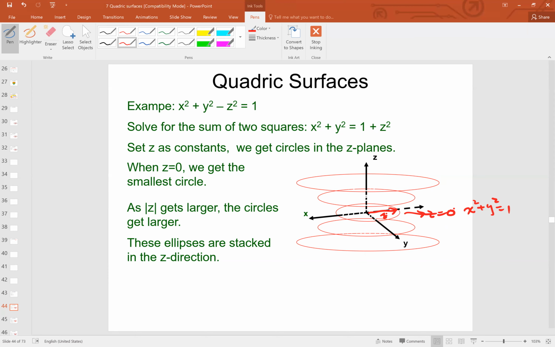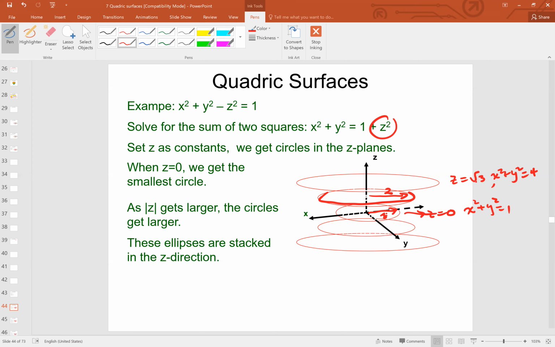As z gets bigger, for instance if z is the square root of 3, because it works out, then you get the equation x squared plus y squared equals 4. You will get a bigger circle at that level, with radius equal to 2, and so on. Since z is squared, it doesn't matter whether z is positive or negative.